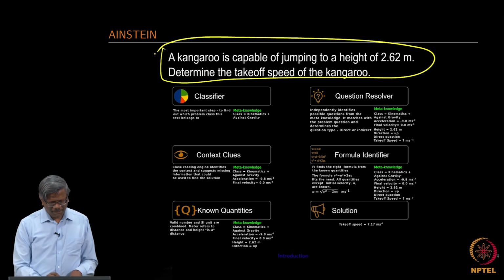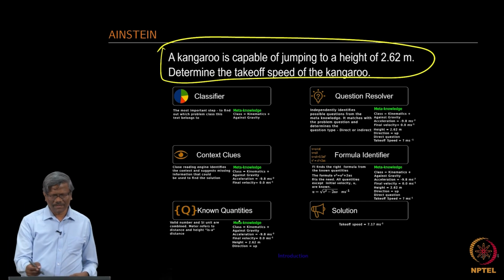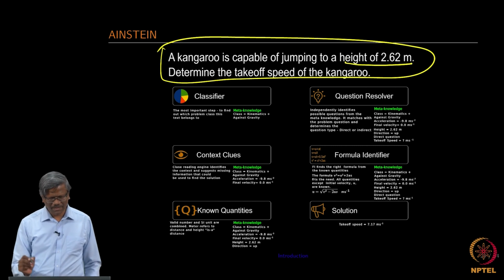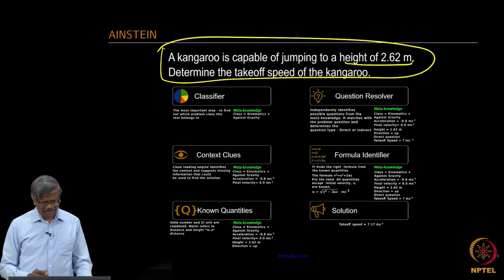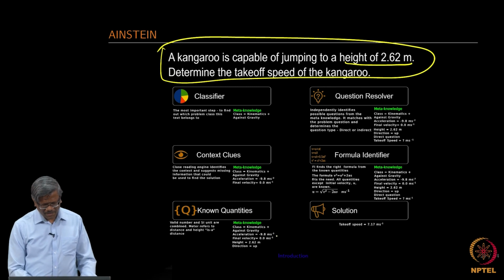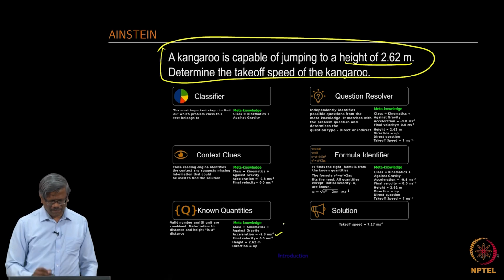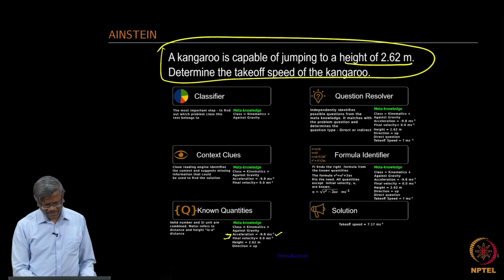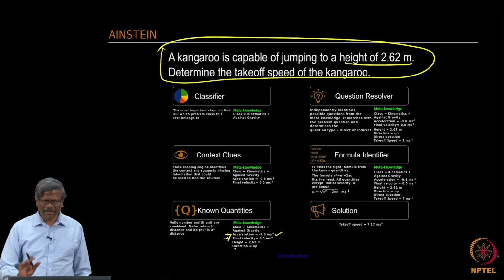And then it tries to find out what are the known quantities given in this problem statement. It says the known quantity is only this, nothing else is given. Since it is taking off, it is going to be against gravity. So, it gets some acceleration due to gravity, and then the final velocity is going to be 0 because it jumps and then stops and then drops back to the ground.